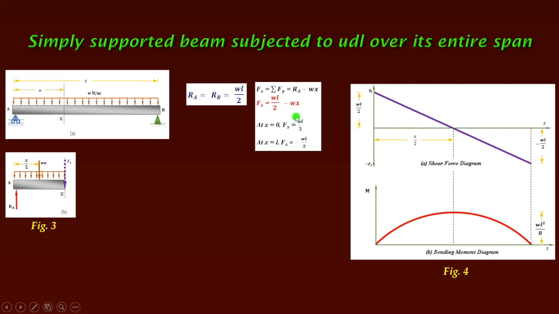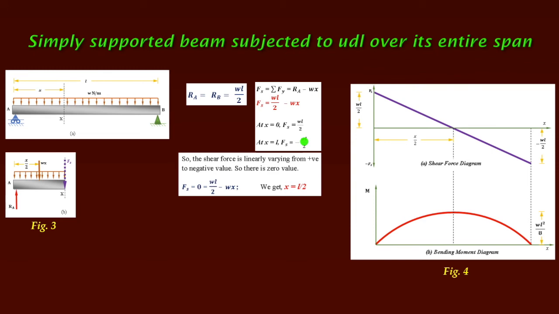Means the shear force diagram will intersect the origin at a particular point. At which point the shear force will meet the horizontal axis, x axis? To get it, when the shear force meets the x axis, it means shear force is 0 there. So substitute in this equation Fs equals to 0.